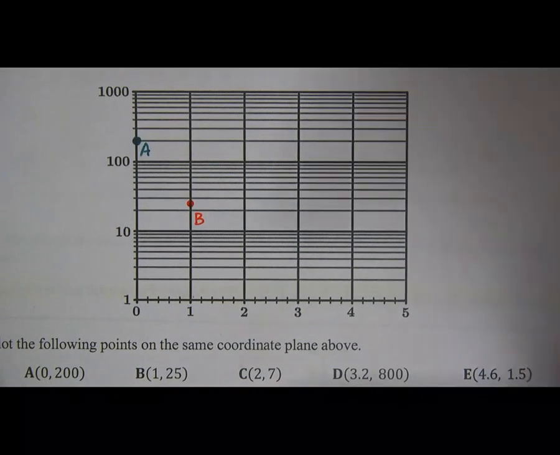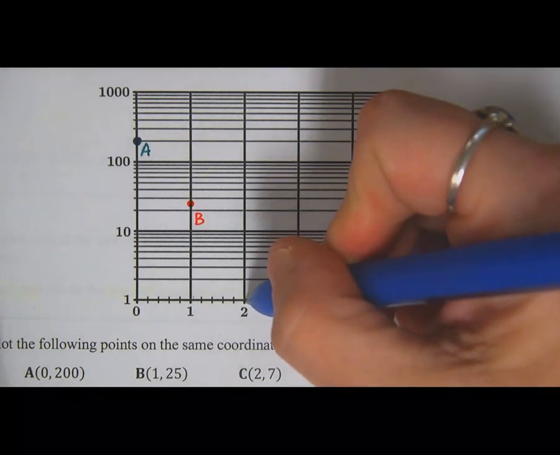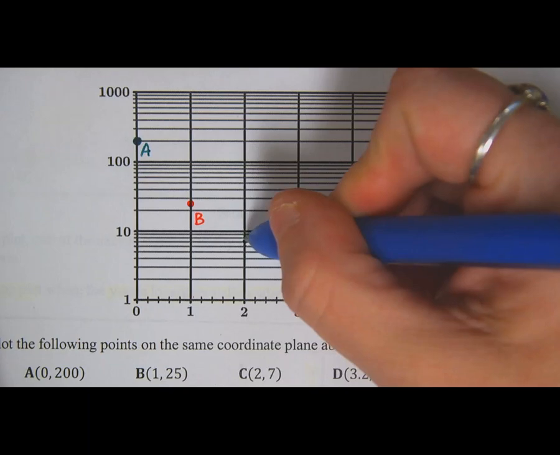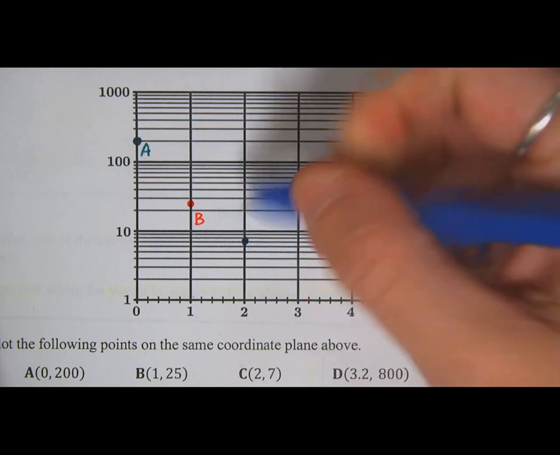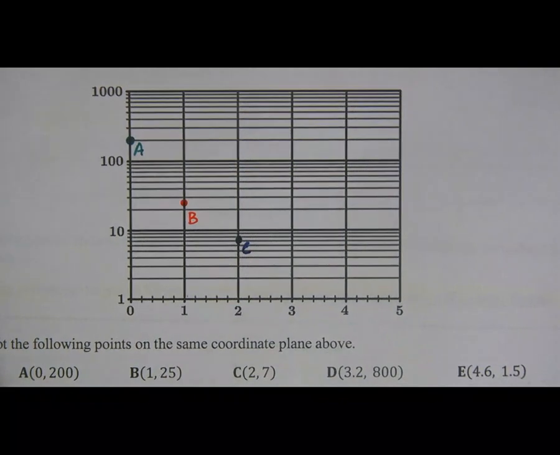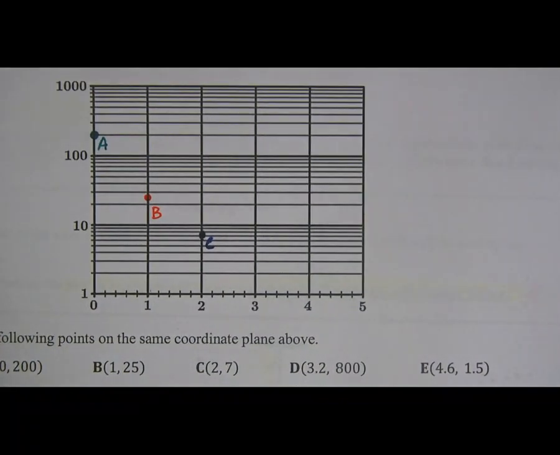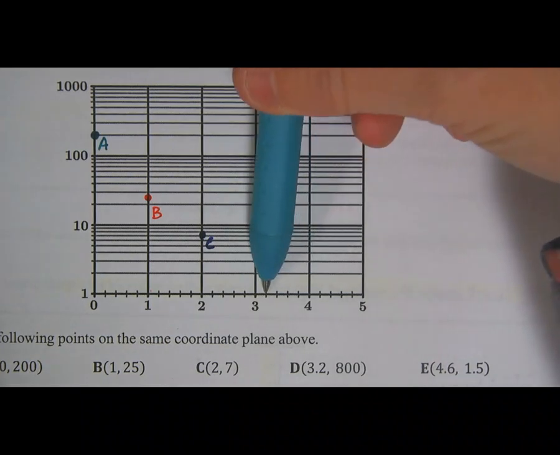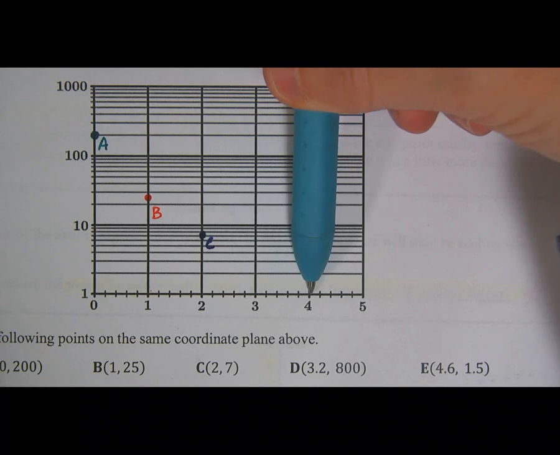C is 2, 7. 1, 2, 3, 4, 5, 6, 7. There's C. D is 3.2, 800. Well, don't freak out at the 3.2, because this is 0.2, 0.4, 0.6, 0.8.